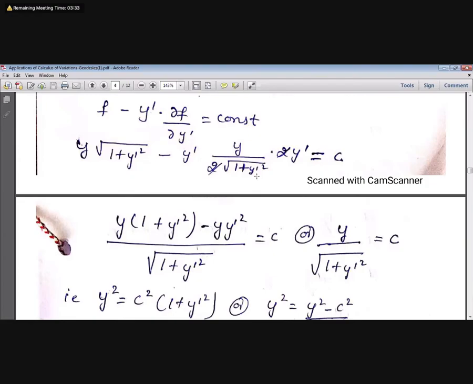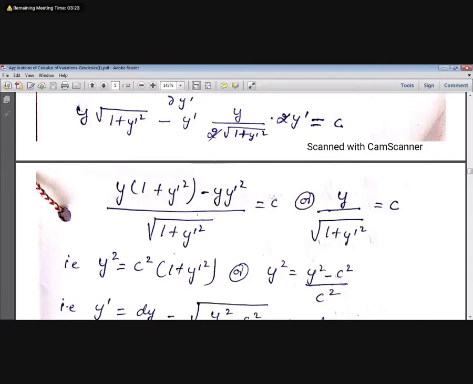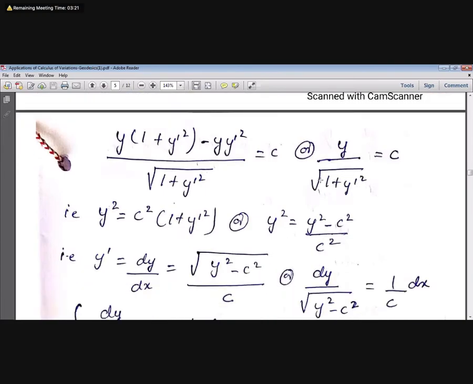Sorry, before that, take LCM, then cross multiply. y into 1 is y, y into y dash square is y dash square, minus y dash square. That one will cancel, this one will cancel out with this after multiplication. Only y will be left. y by root of 1 plus y dash square is equal to c.